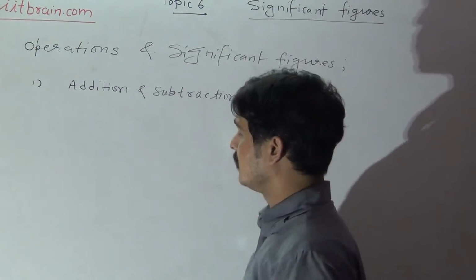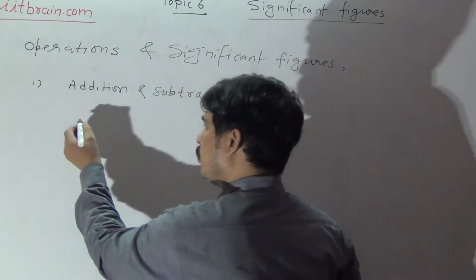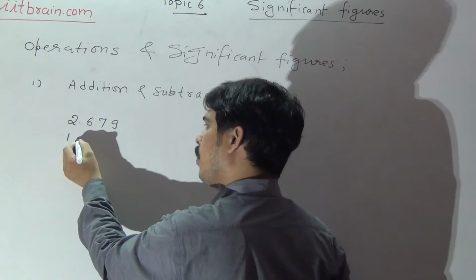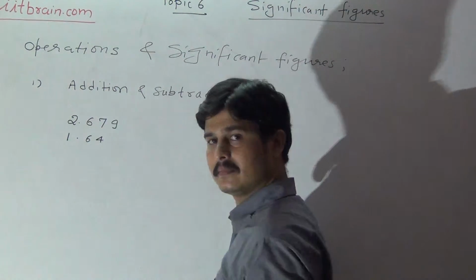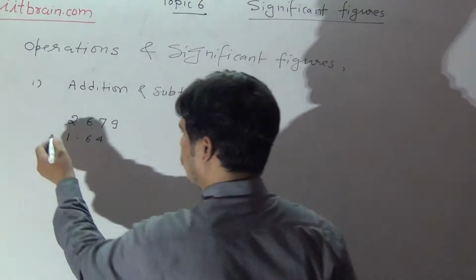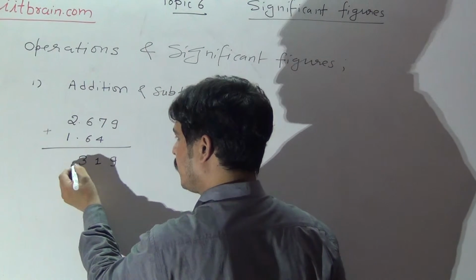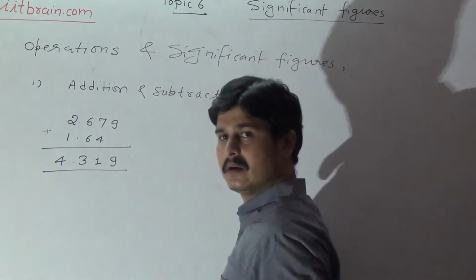Consider two numbers, 2.679 and 1.64. If you add these two numbers, we will get the answer 4.319.